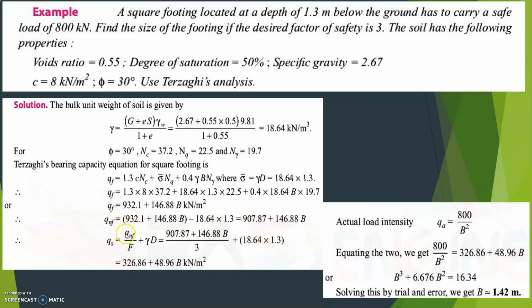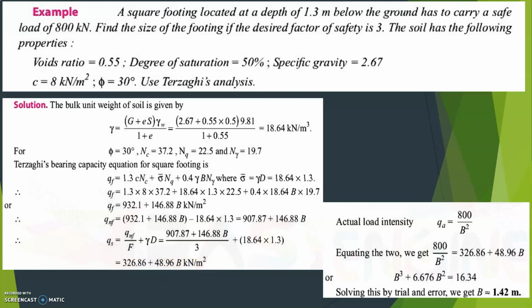Safe bearing capacity is equal to QNF divided by factor of safety plus gamma D. QNF is 907.87 plus 146.88 B, divided by F, F is given as 3, plus gamma into D, gamma is 18.64, D is 1.3. So we will get QS equal to 326.86 plus 48.96 B kilonewton per meter square.